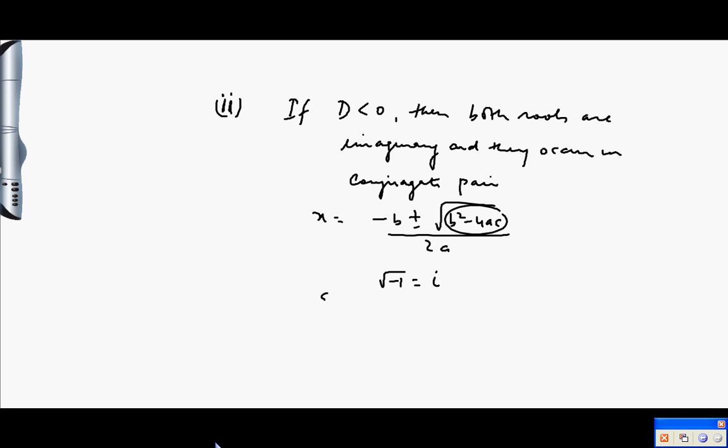So, whenever we have an example like this, x square minus x plus 1 equal to 0, if we find out D, it gives us b square minus 4ac, which is equal to minus 3, it is negative.